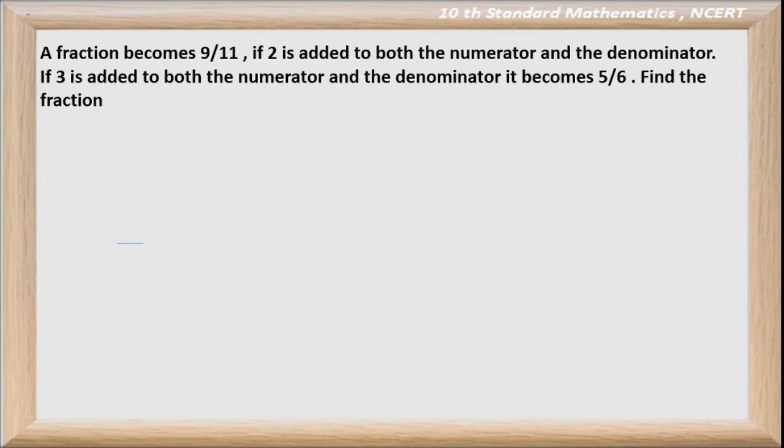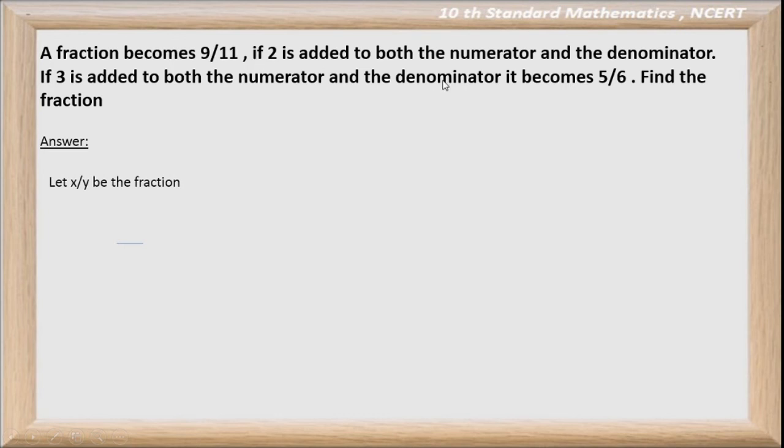What is a fraction? Fraction we can write in the form of p by q. See here, I am taking that. Let x by y be a fraction in the form of p by q. So, x is the numerator and y is the denominator. All of you know that.